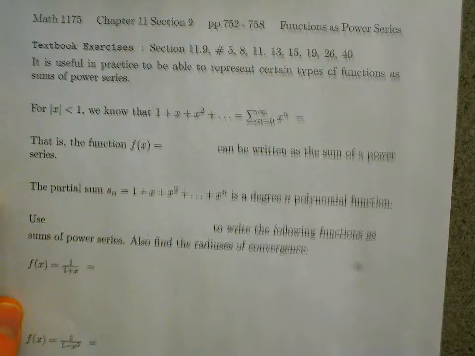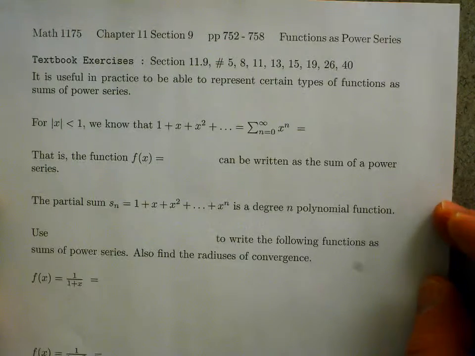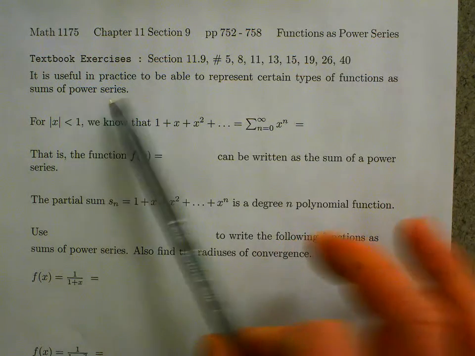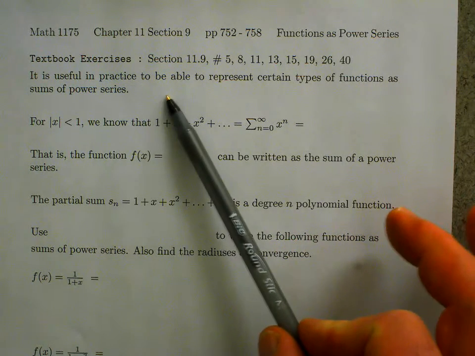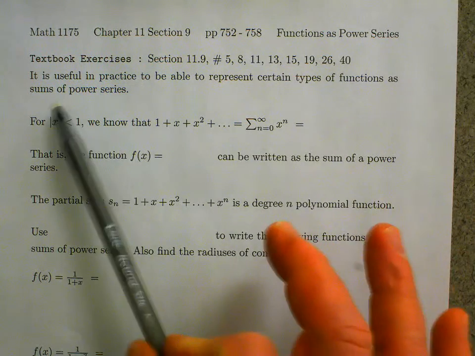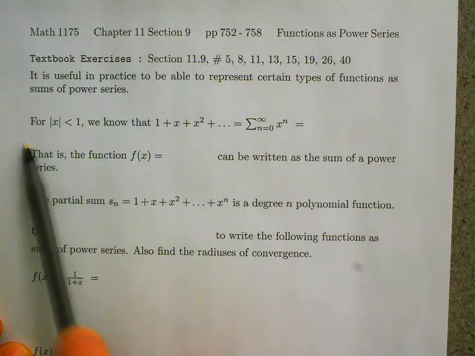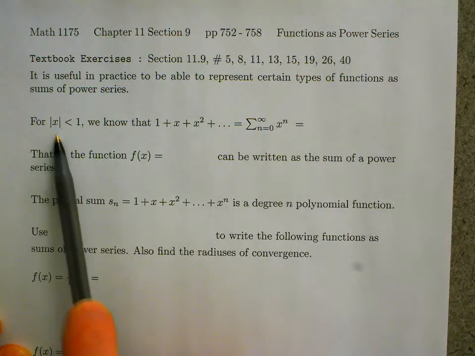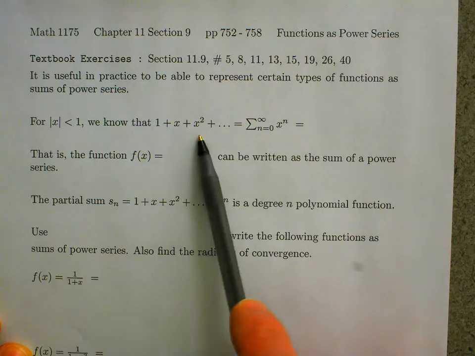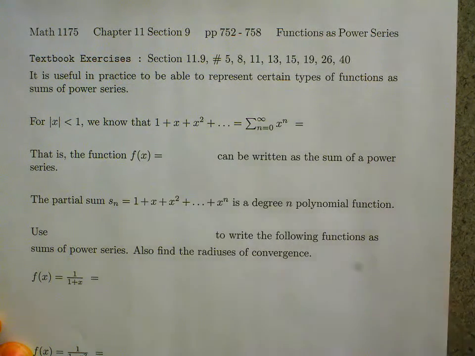Okay, in section 9, we start. It is useful in practice to be able to represent certain types of functions as sums of power series. So we know that for the absolute value of x less than 1, 1 plus x plus x squared, and so on, is a geometric series.